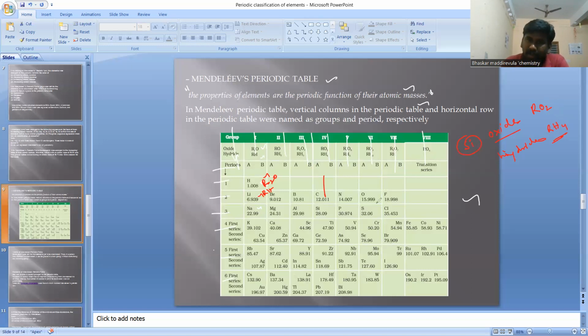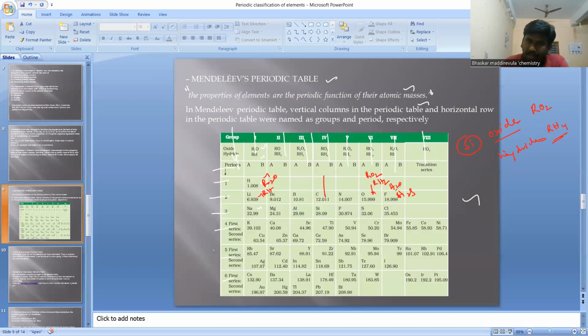Now in the same way, you will see oxygen in this group. They possess RO2 type oxides and RH2 type hydrates. You see the hydrates of oxygen and sulfur: both give H2O and H2S type, both the same RH2 type, where R is oxygen or sulfur.